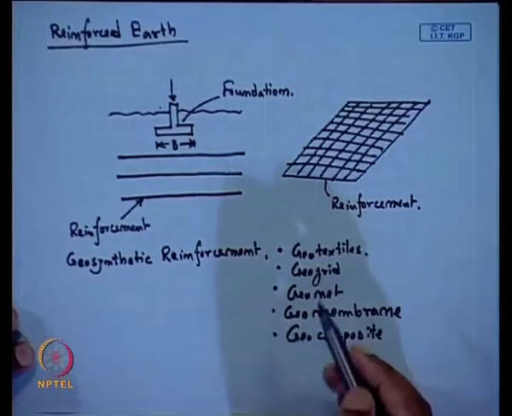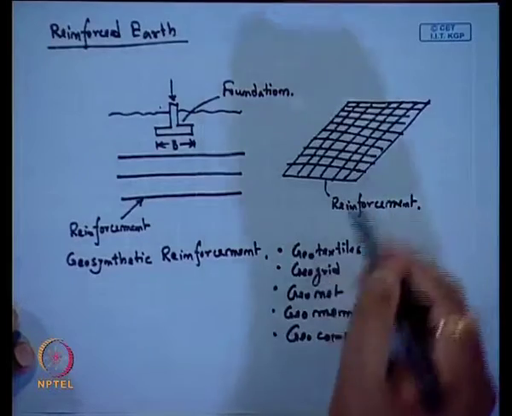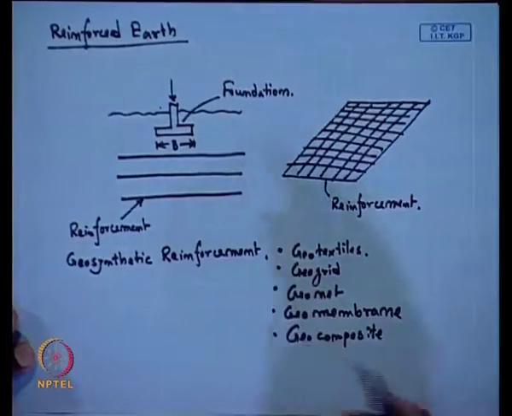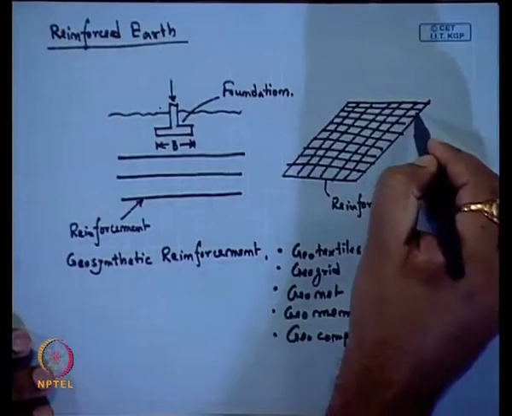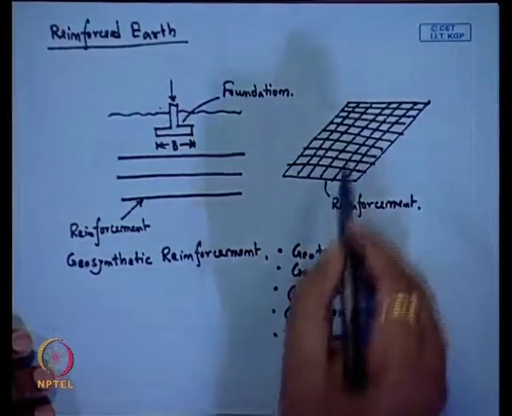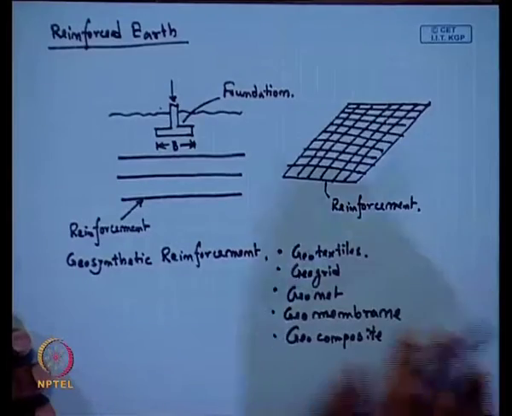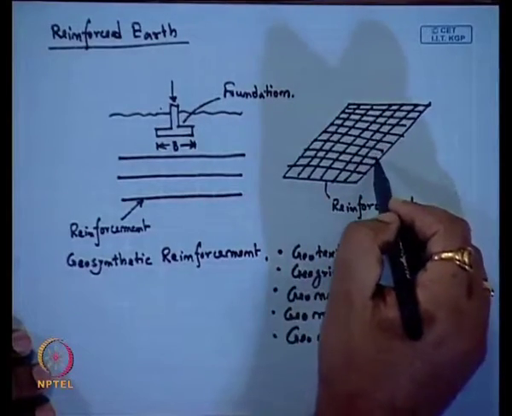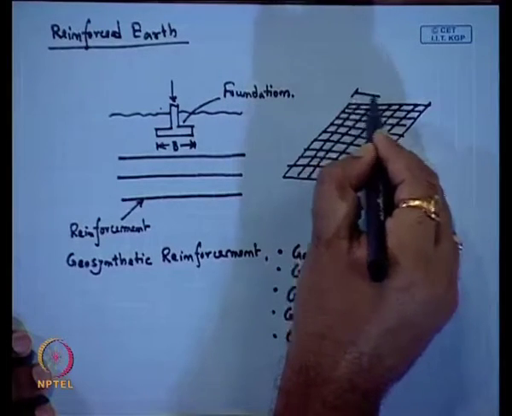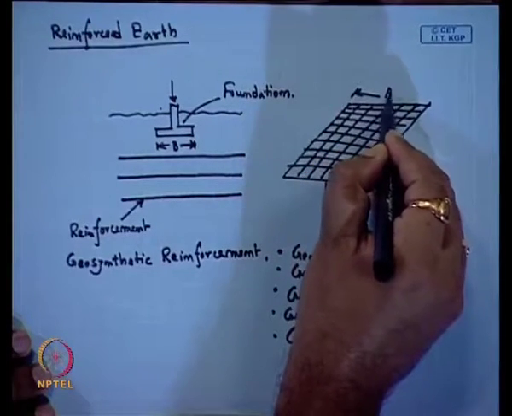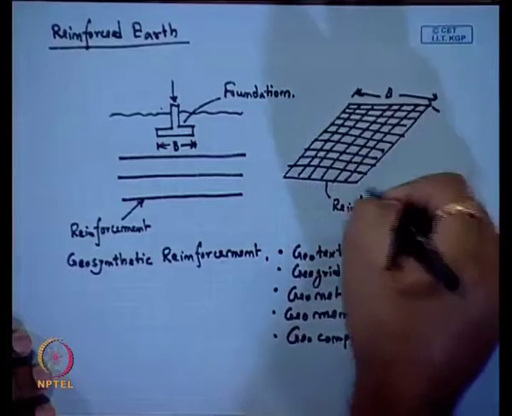Geosynthetic means it is a polymeric material which is available in the market. That means we get a sheet type of material which is available in roll type. Here we will get the required geosynthetic according to our requirement.